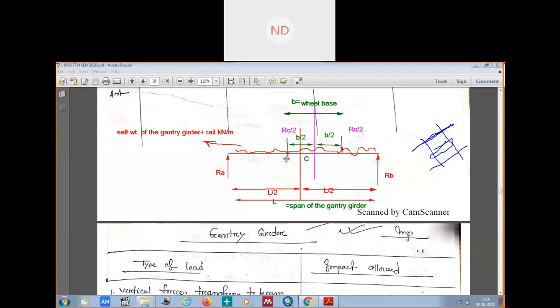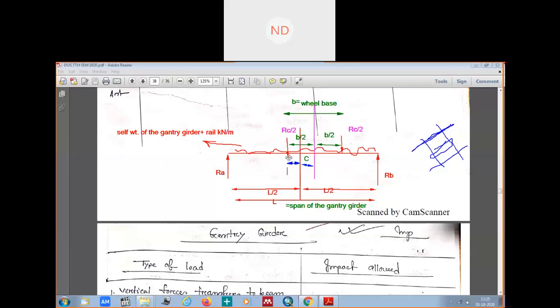What I'm trying to say is, suppose I take this to be blue. This distance from here to here and from here to here, since this was B by 2, the distance from the center of the wheelbase to one of the wheels is B by 2, and this is also B by 2. Now this will be divided in two.